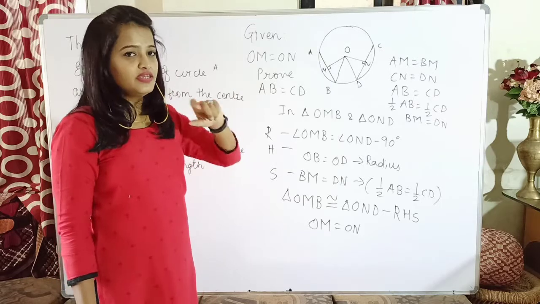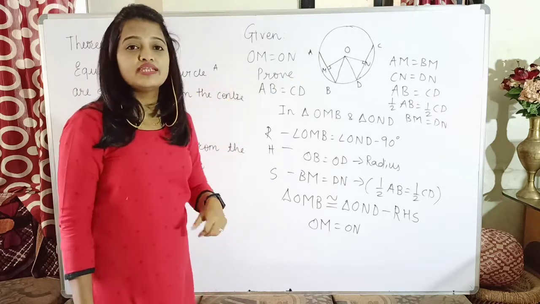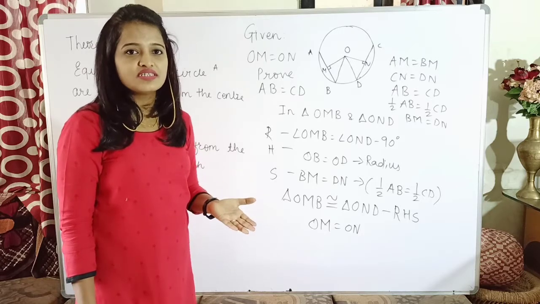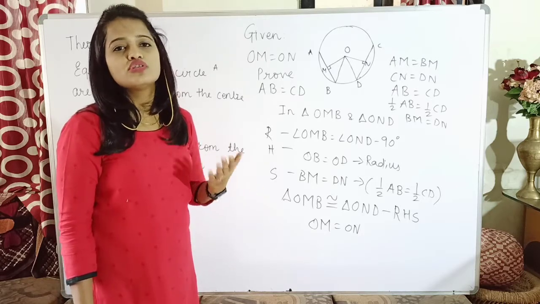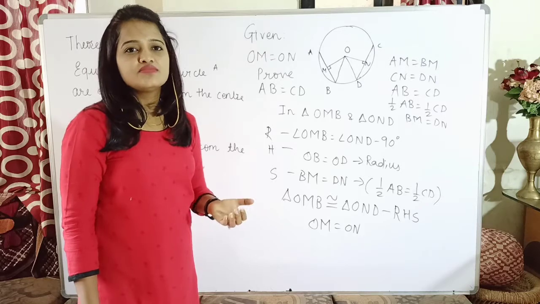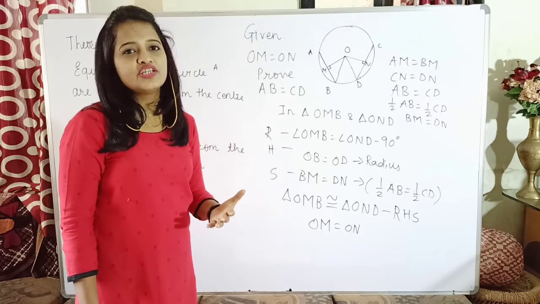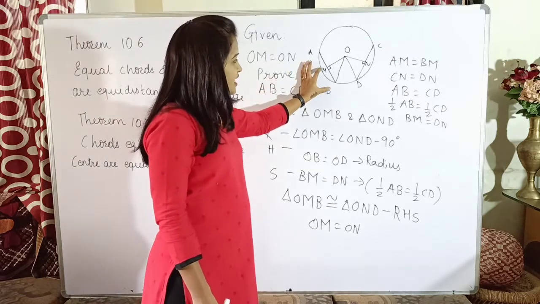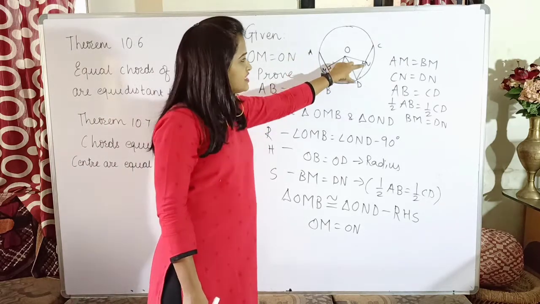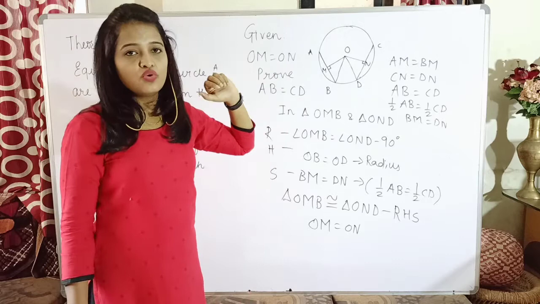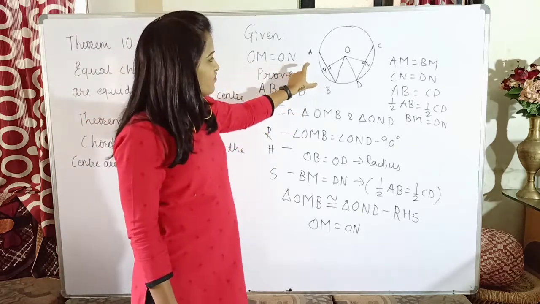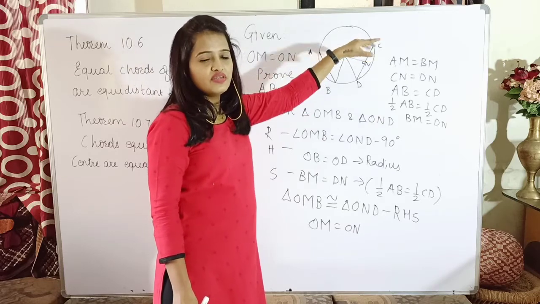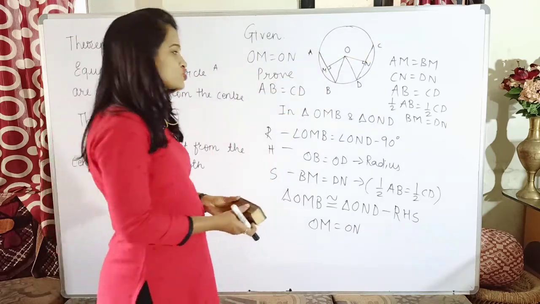Equidistance means definitely they have drawn the two lines OM and ON as perpendicular, because whenever you are talking about distance, you always draw the perpendiculars. And the theorem says a perpendicular from the center of a circle always bisects the chord. So AM and BM are equal, whereas DN and CN are also equal. The only thing to be shown is that BM and DN are equal, just the reverse of what we have done, which means the whole length will also be equal.